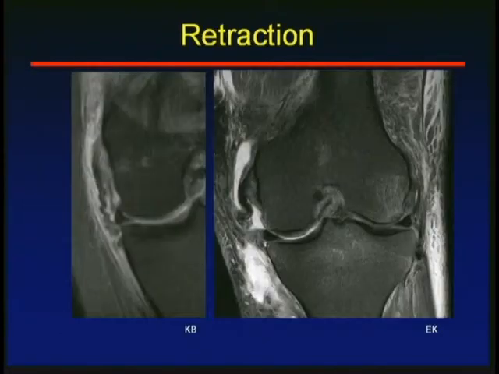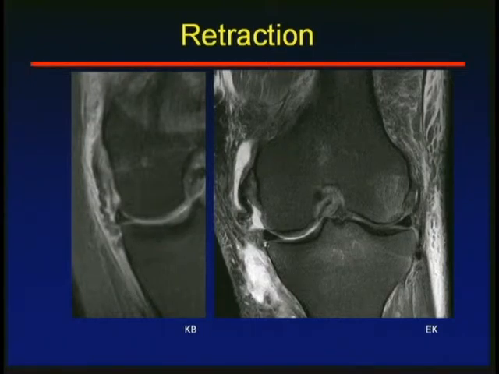ligamentous structures. It is uncommon to see frank retraction of the medial collateral ligament. And the typical reason that it retracts and becomes balled up like this is that it's stuck on something. Many patterns of entrapment of the medial collateral ligament have been described. They are all rare.